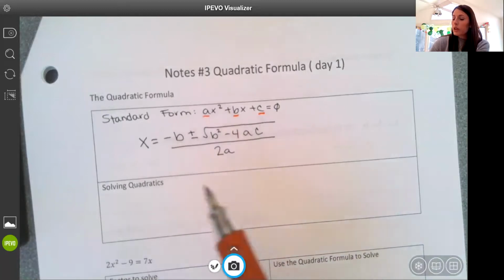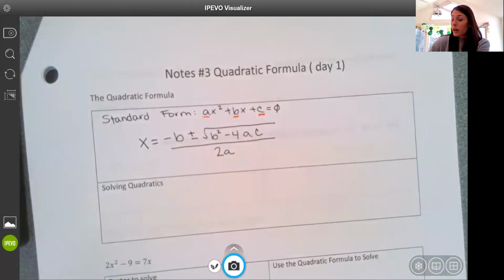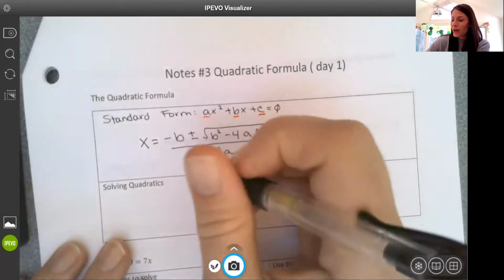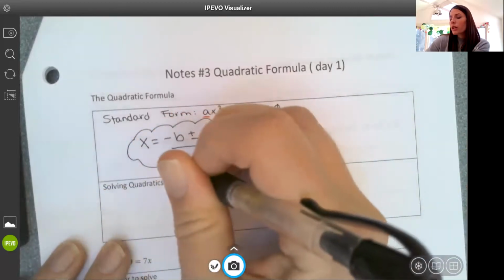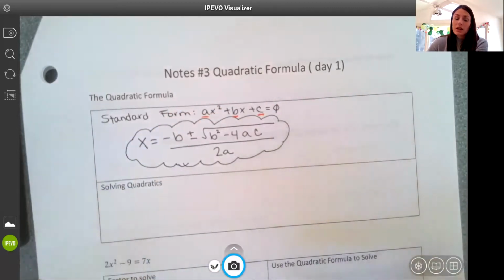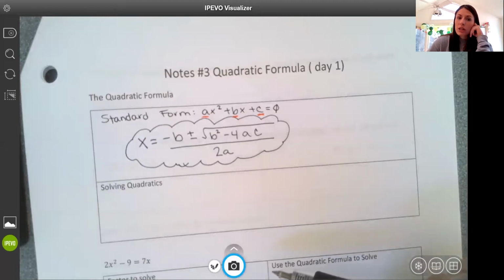Now, if we were in person, we'd all sing the quadratic formula together. You can remember the quadratic formula fairly easily, singing it in your head or out loud to the tune of Pop Goes the Weasel. And it works. I'm telling you, I see my students 4 years later and they still know the quadratic formula by memorizing it this way.